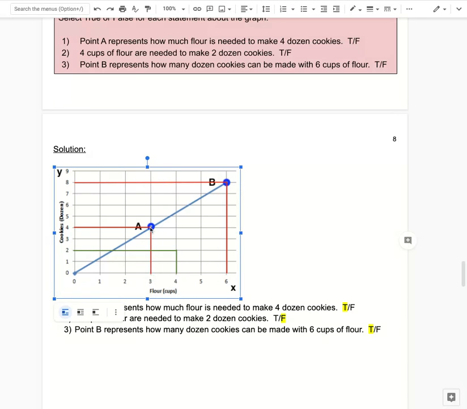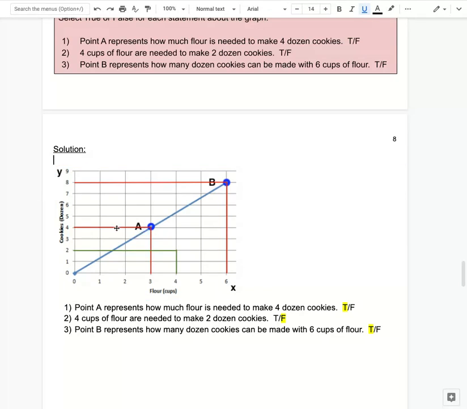And then I drew a line going left to the y-axis, and I landed at 4 dozen cookies. So is this true? Point A represents how much flour is needed to make 4 dozen cookies. If we go to the left, yes, so it's true.